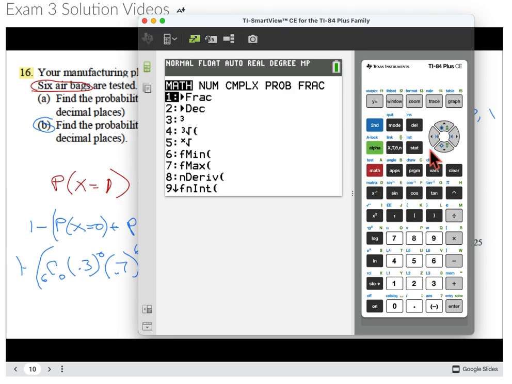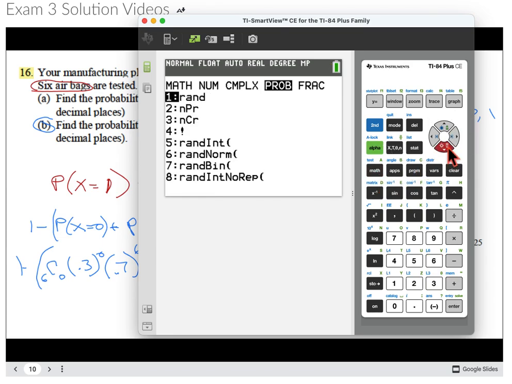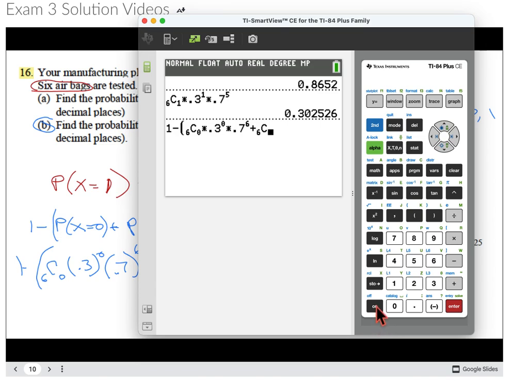Math probability, choose, and we're going to choose 1 defective. Multiply by 0.3, raised to the 1 power, and multiply that by 0.7, raised to the 5th power. And then we'll put our parentheses, and it'll do the whole calculation. We'll have exactly what we want.